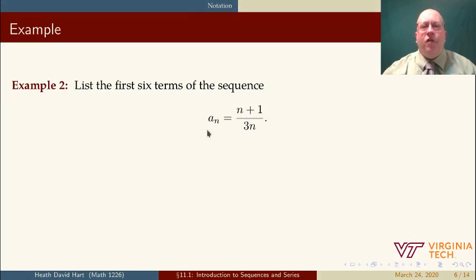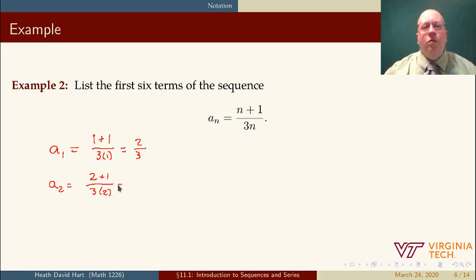Let's list the first 6 terms of the sequence. The first term would be a sub 1, and 1 is my input value, so I plug in 1 for n: 1 plus 1 over 3 times 1, which is 2/3. a sub 2 would be 2 plus 1 over 3 times 2, which is 3 over 6, which reduces to 1/2.